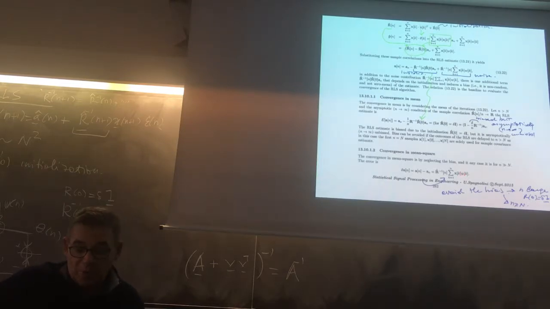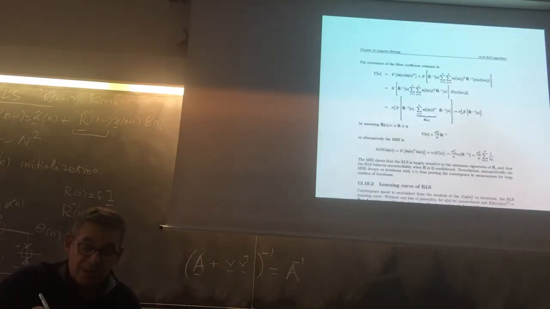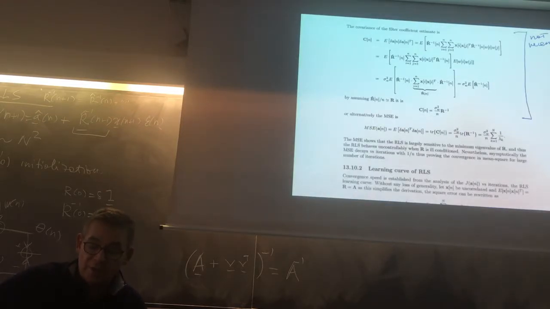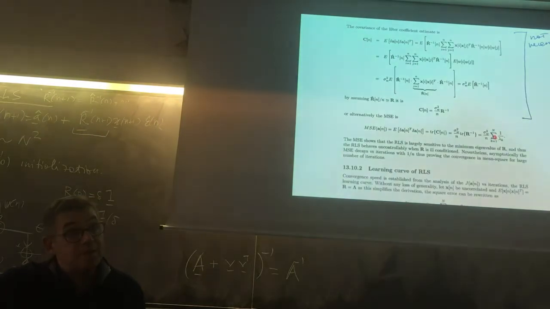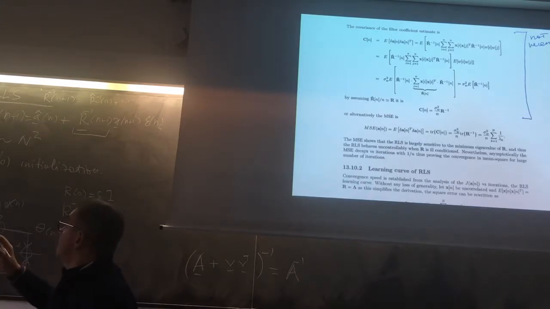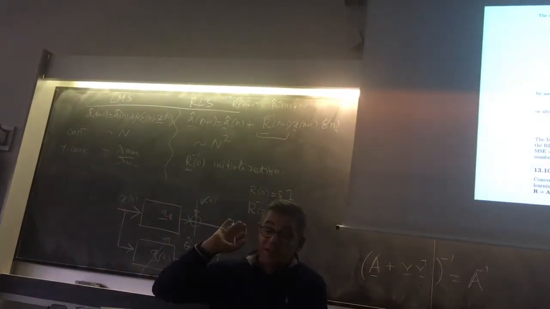So I compute the expectation for that, I manipulate everything that goes here, and it comes out that the convergence in the mean square depends on the sum of the inverse of the eigenvalues of the correlation matrix R.